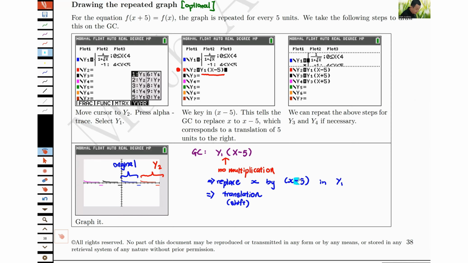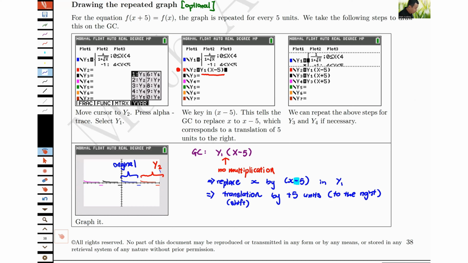So if this is a minus 5, you're actually translating by positive 5 units, meaning you are shifting the graph to the right. If it's a minus 5 replacement on the x, the actual movement is the opposite sign direction. So you are moving 5 units to the right-hand side, which is why that is your Y2.